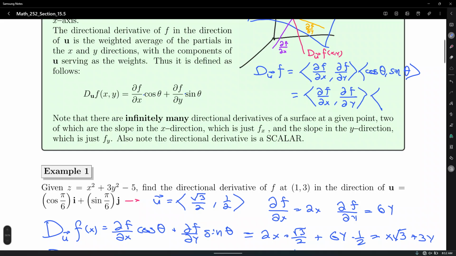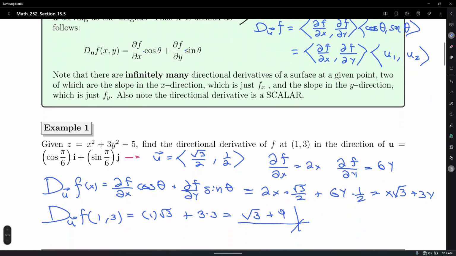Let me come up with a more generalized way to represent a unit vector. Call this simply u1 and u2. Usually we use the letter u to denote a unit vector, which is what we did in the example. Now let's go back to the example.